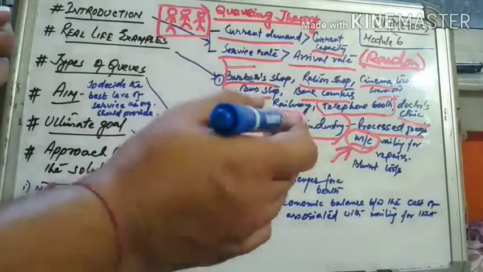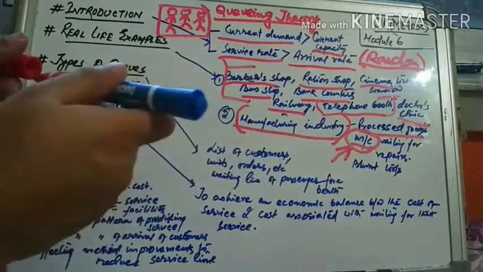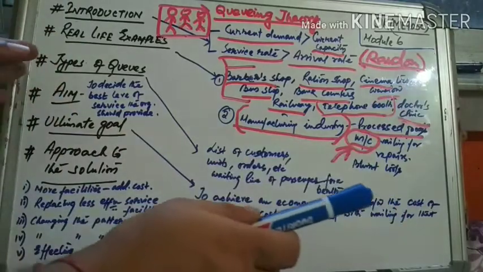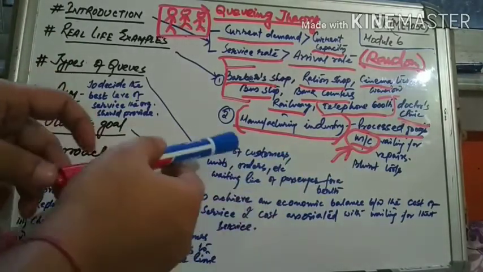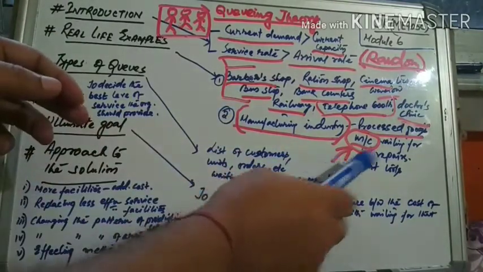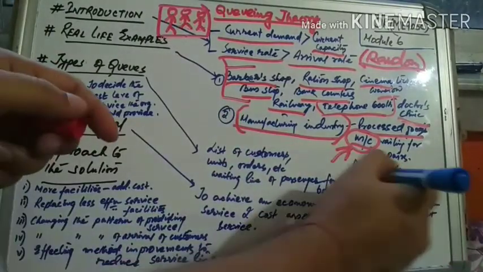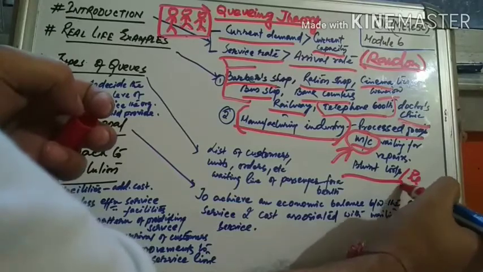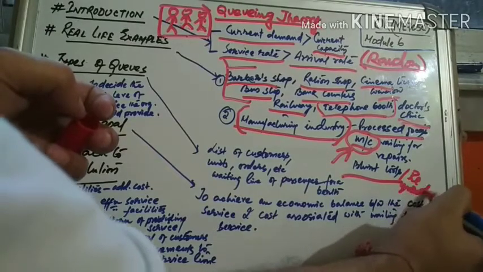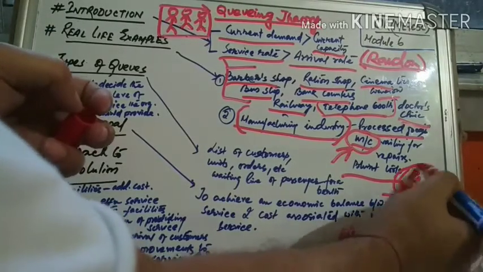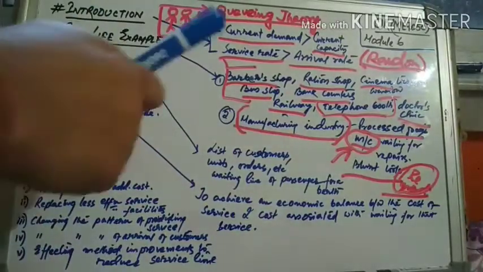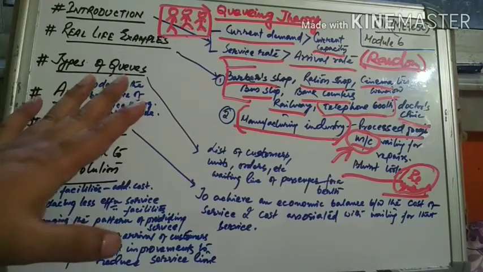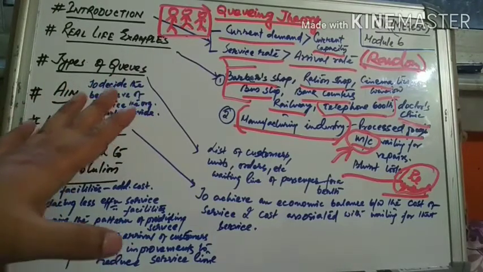So machines wait for repair, parts or components wait for assembly in assembly lines, and blunt tools wait to be reground. These are the examples of queuing theory, or you can say the queues.